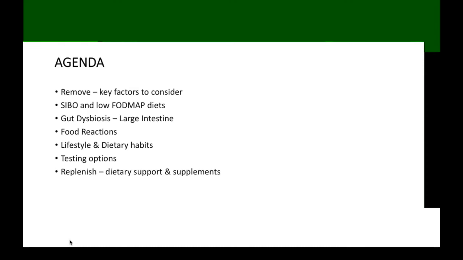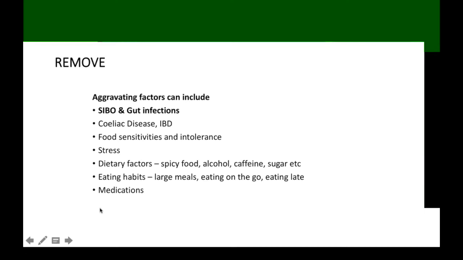In the next webinar, we're actually going to look more at the colon, the large intestine, and also look at how we can also look at food reactions and the stool testing and the difference in, for example, PCR and regular stool testing. So we're going to be looking at all of those, but today I just really want to focus on the low FODMAP approach and the SIBO.